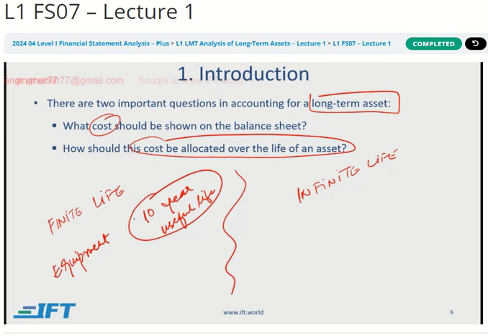Based on that, let's say you paid $10 million for this equipment and you feel it will serve you 10 years, and using a straight line depreciation method, and of course there are other depreciation methods as well, but let's say we are using straight line, we will equally allocate that 10 million over 10 years, right?